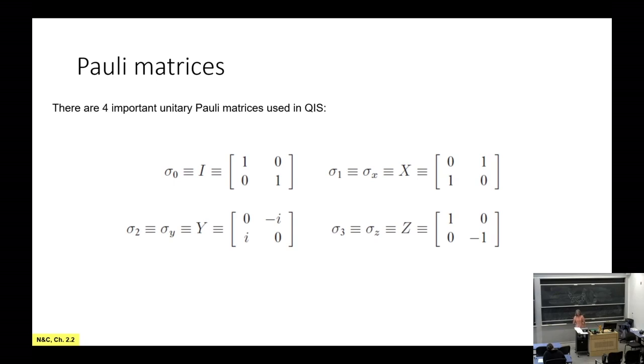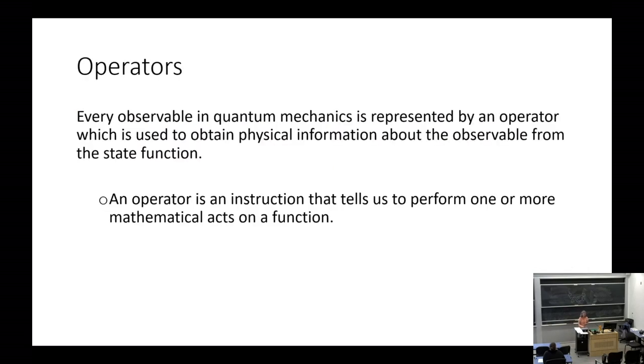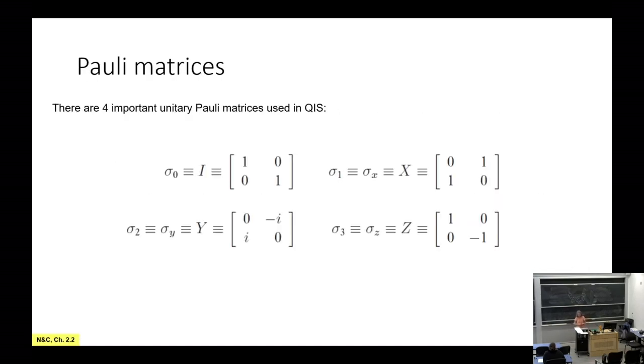So quantum mechanics just assures us that the evolution of any closed system can be described in this way. So an obvious question to ask is, what unitary operators should we be considering? And it turns out that in the case of our qubits, basically any unitary operator at all can be realized in physical systems, which is pretty cool.